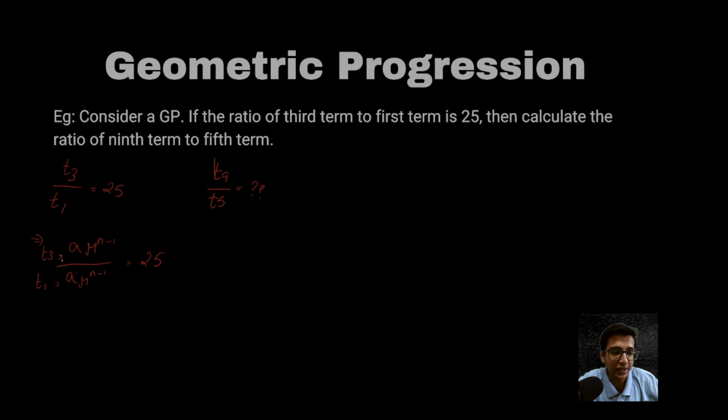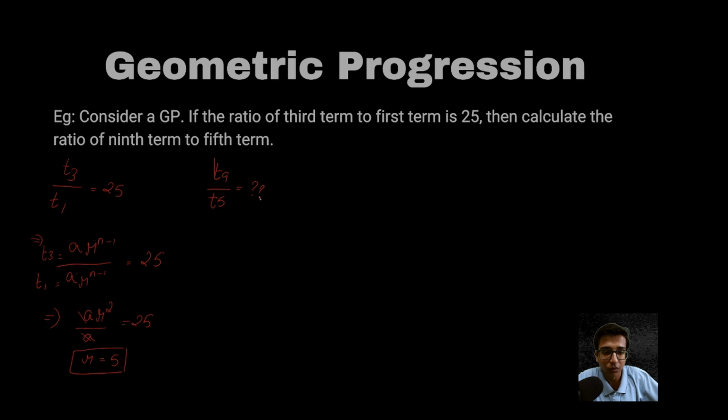And since this is the first term, if we put n equals 1, we would get A. So this would become A r square upon A, and A gets cancelled. R square is equal to 25, so R is equal to 5. So we've got the common ratio here.